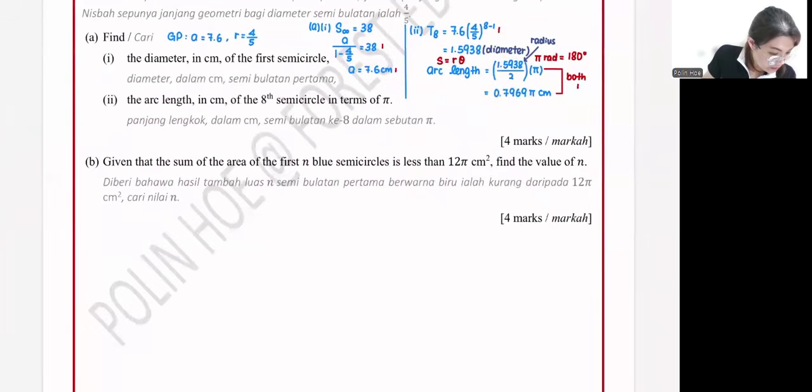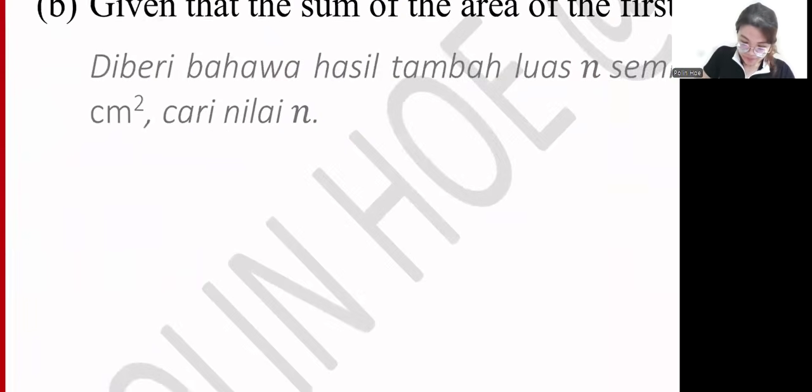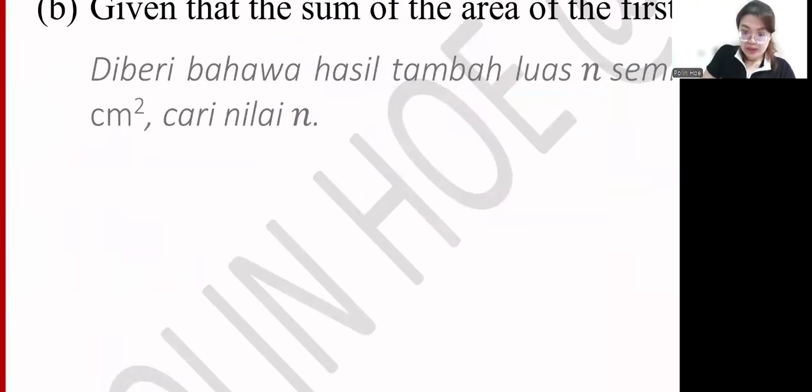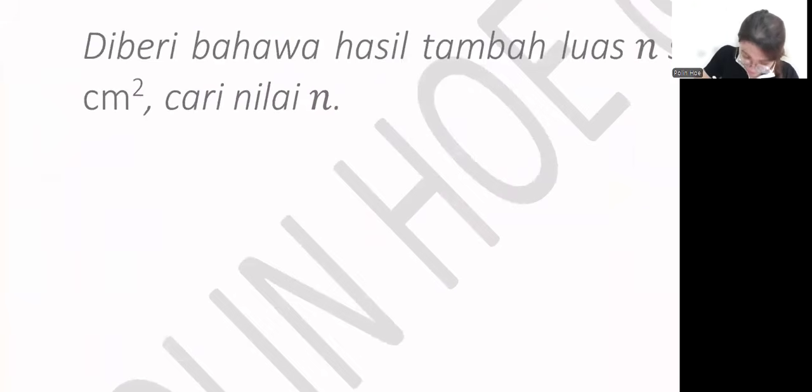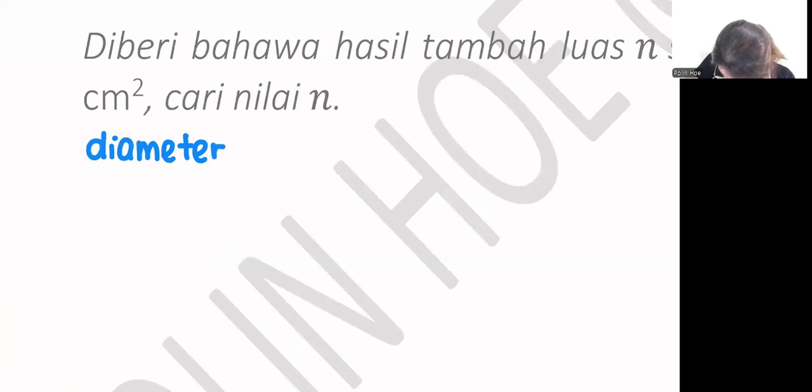So here, sum of the area of the first n blue circles. Okay. Be careful, huh? At first, we are calculating the diameter. The diameter is a GP. First term, 7.6.